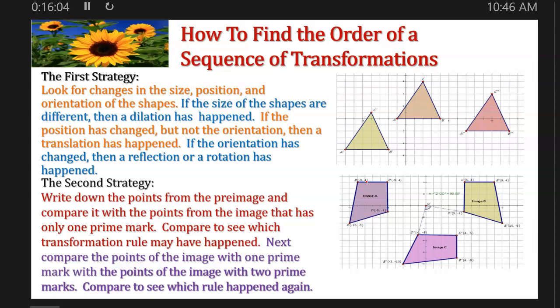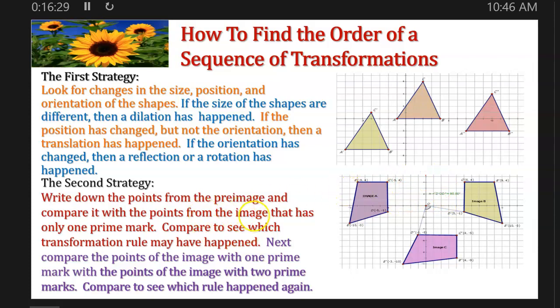So if I wrote the points down for this quadrilateral for ABC, and then wrote the points down for A prime, B prime, C prime, I'm going to see that a reflection occurred because it's going to fit the reflection rule for reflecting over the y-axis.